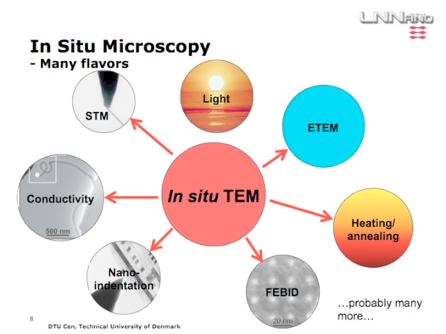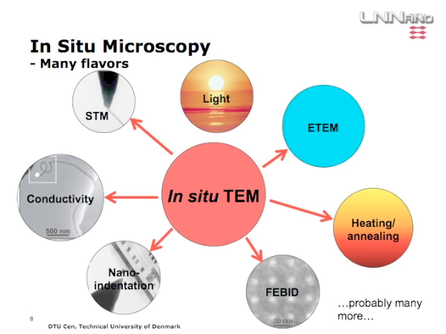So, as I mentioned, in situ TEM is a quite broad term. There's a bunch of stuff that you can do. I think we saw yesterday, Roel talked a little bit about the conductivity measurements, which you can do, STM inside the microscope. You can expose it to light. I'll talk a little bit more about that tomorrow. You can do nano indentation.